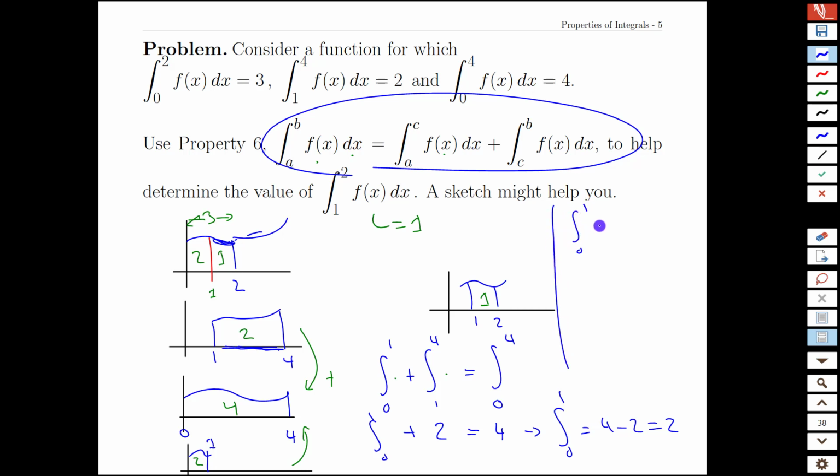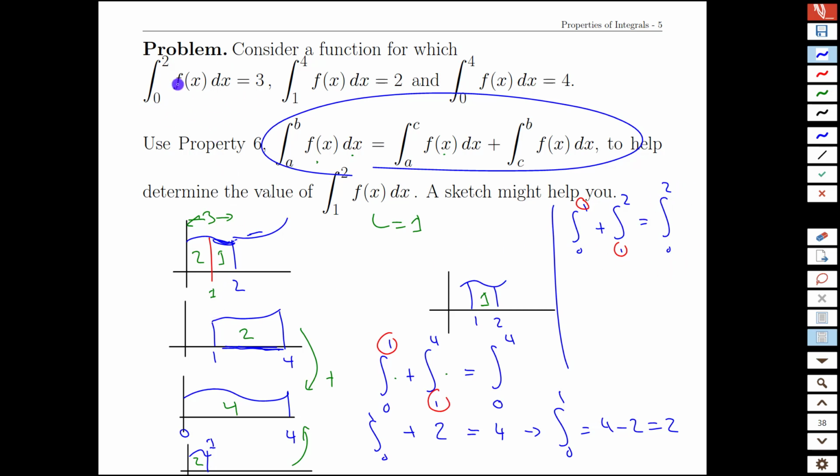The integral from 0 to 1 plus the integral from 1 to 2 is the same as the integral from 0 to 2. Again, keeping an eye on the corner limits here. If we're going from 0 to 1 and then 1 to 4, it's the same thing as going all the way from 0 to 4 in one step. Same thing here from 0 to 2. And then we fill in the blanks that we know.